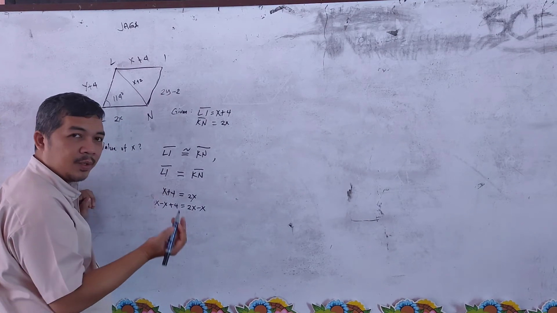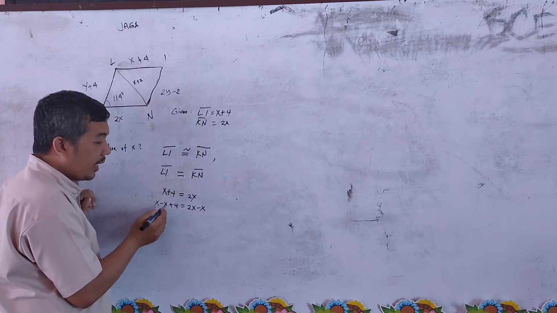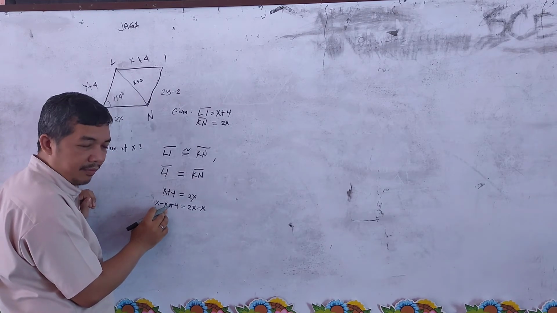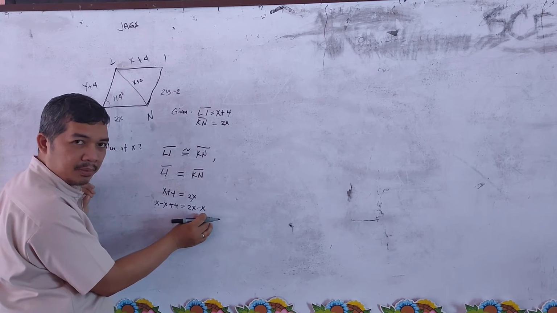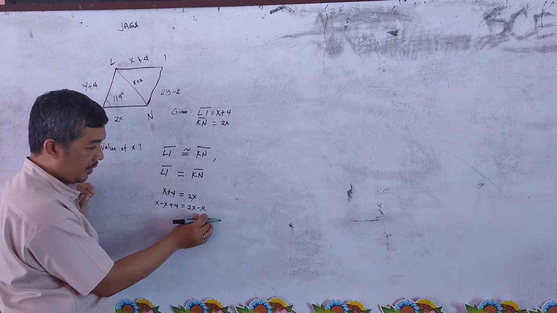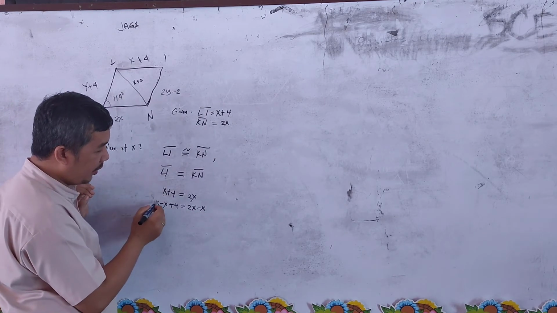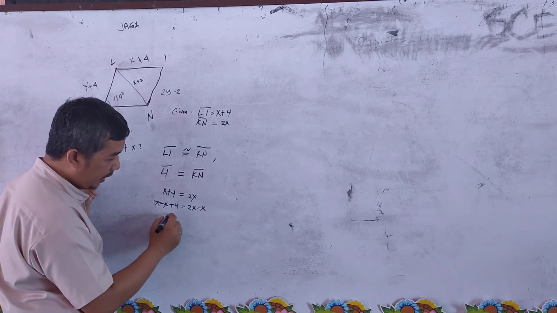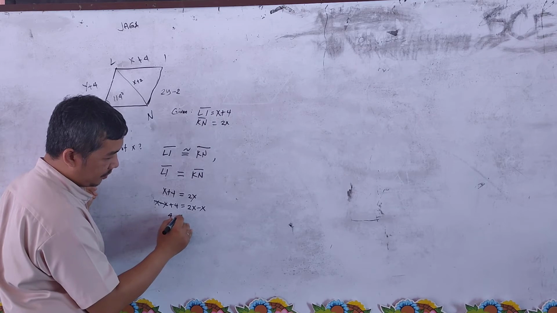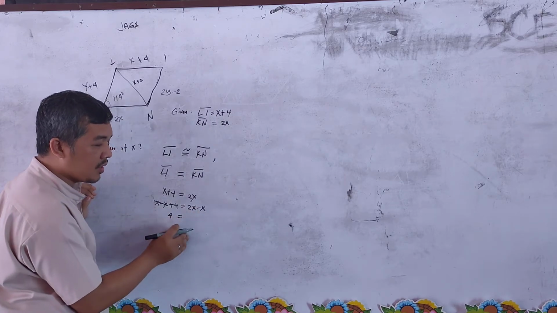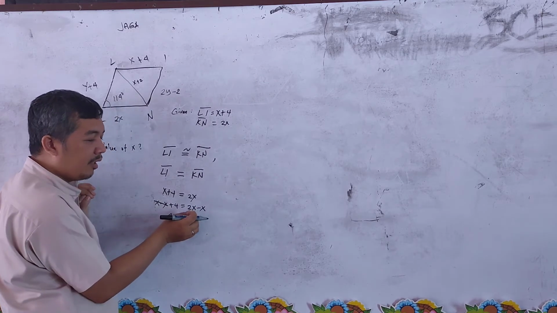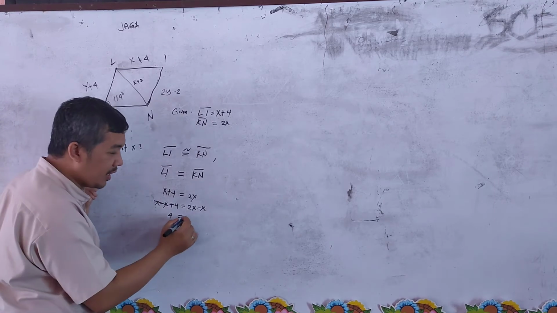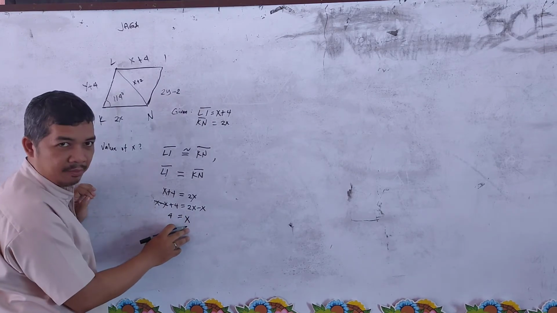So, take note, kung magsasubtract tayo dito sa left side, kailangan din tayo mag-subtract sa right side. So, now we know that x minus x is equals to 0. Tapos, ang matitira dito is 4. 2x minus x, dalawang sako ng bigas minus isang sako ng bigas, meron natitirang isang sako ng bigas.